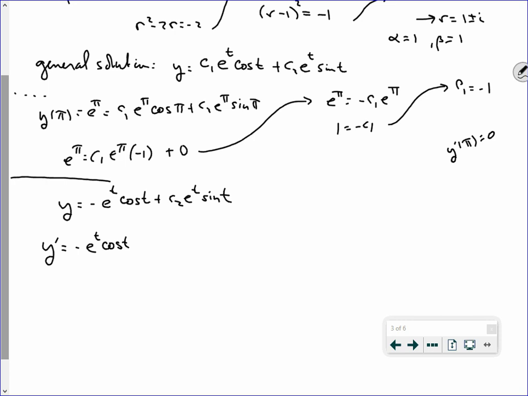And now we take a negative e to the t, and the derivative of cosine is minus sine. And in the second one, the derivative of c2 e to the t is c2 e to the t, so take that times the sine. And then we take the first term, c2 e to the t, times the derivative of the sine, cosine.